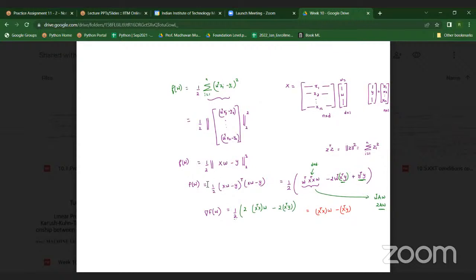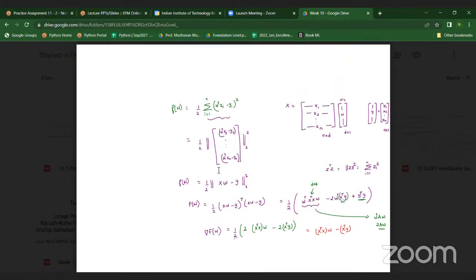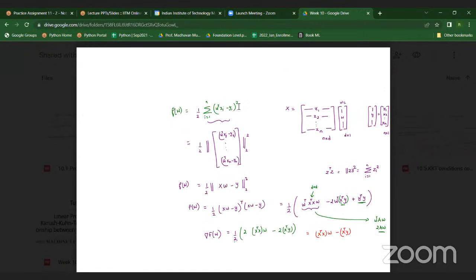This half value we have added, and we'll mention the reason. Basically, if you want to minimize the squared error, it is the same as minimizing half of the squared error.